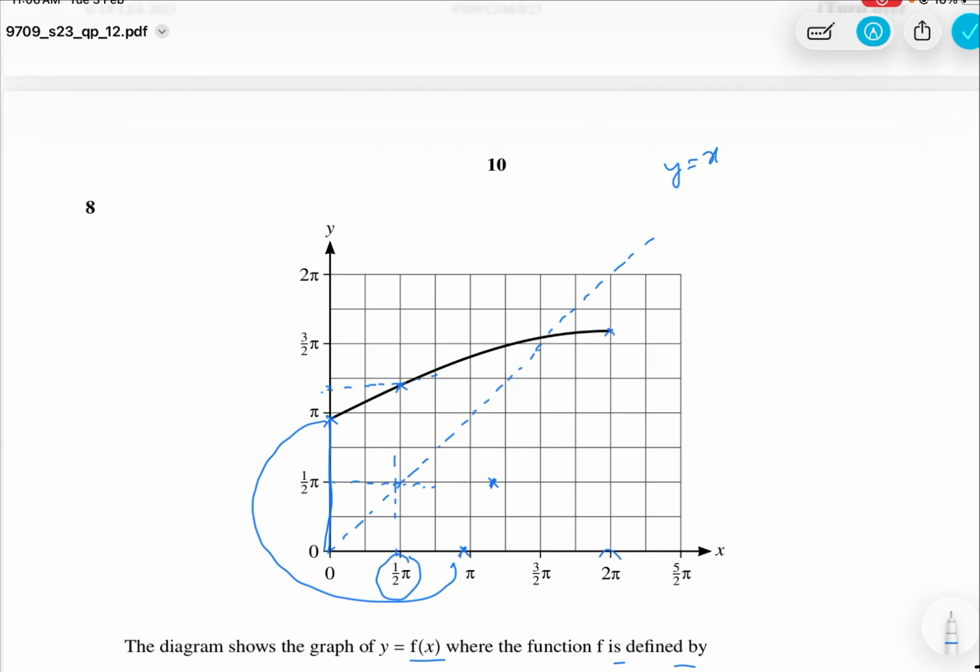So this is 2 pi. So at 2 pi, we will have a little bit greater than 3 pi by 2. So over here, over here. Yes or no? See, the x coordinate became y coordinate, and now we will make a curve like this.